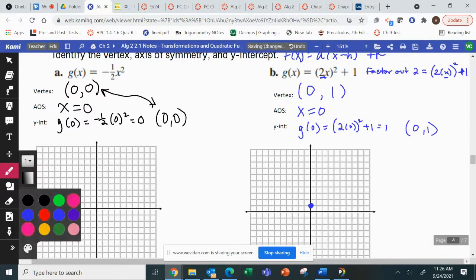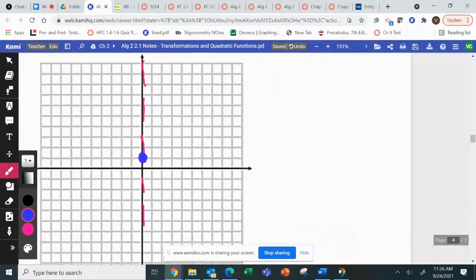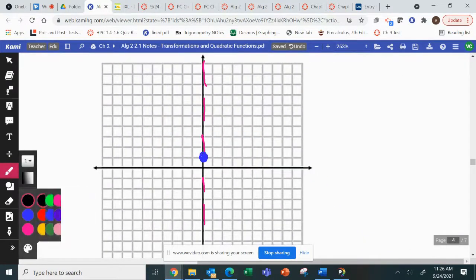X equals 0. How many points do I need? How many do I have? Okay, so I'm going to have to do a little bit more work. Since I need so many points, I'm going to make a transformation table. We've done this before.